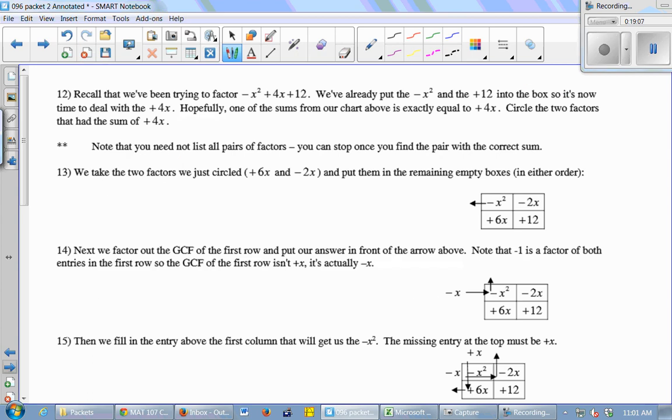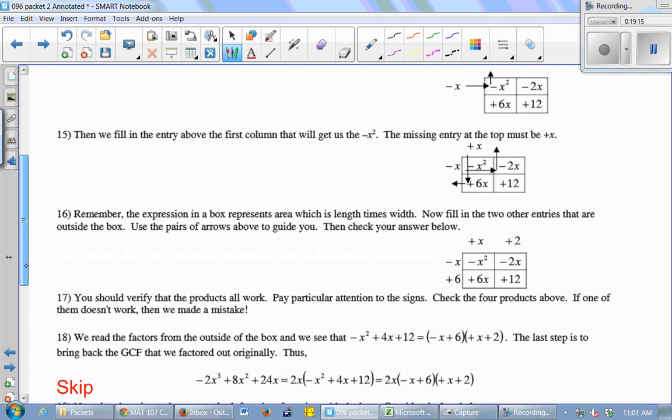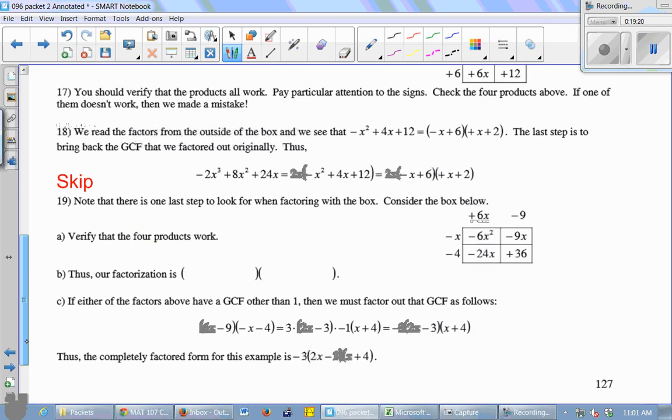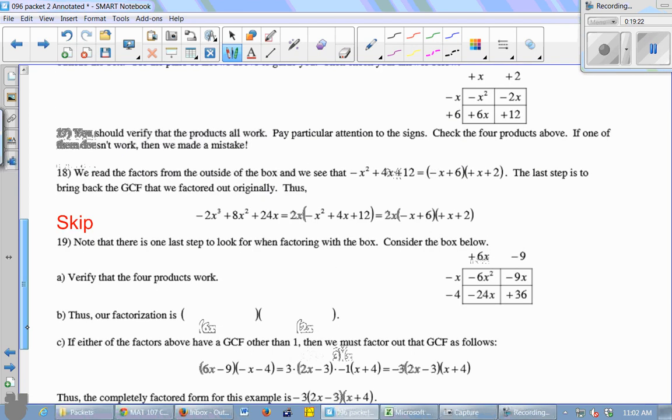Okay, so again, all the details of every little step that we just did are written out step by step on the next page here. So I'm actually going to have you skip to 18, right? So remember where we started.